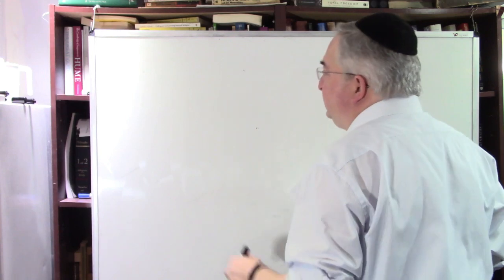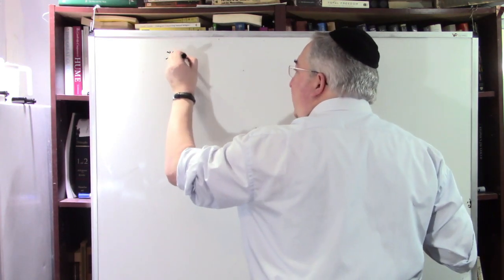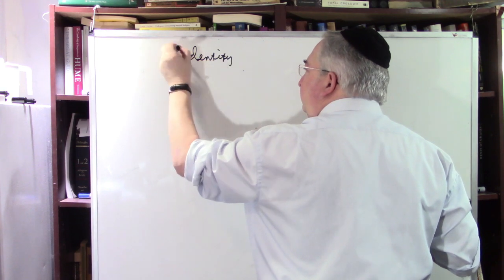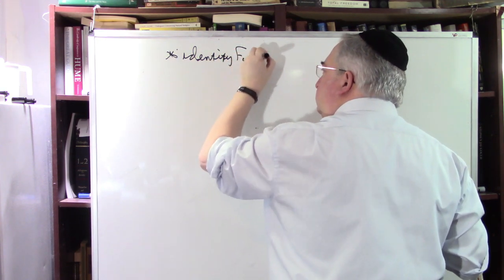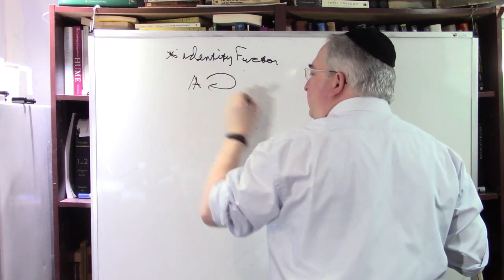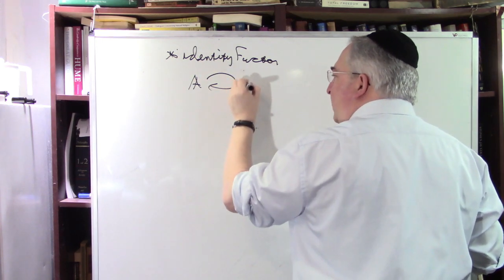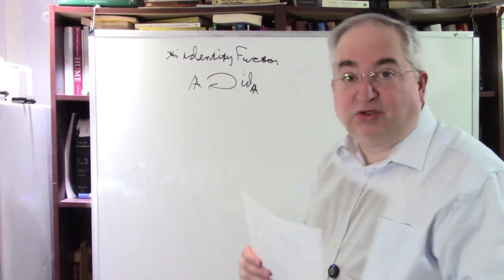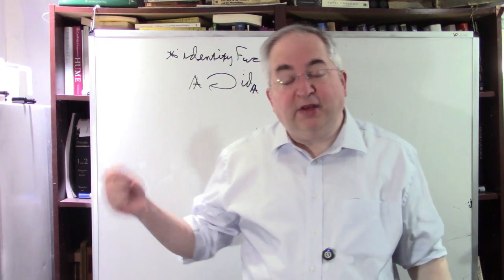Simplest example, the identity functor. For every category A, there's a functor from A to A called identity of A. That's an interesting thing. We're seeing common themes here.